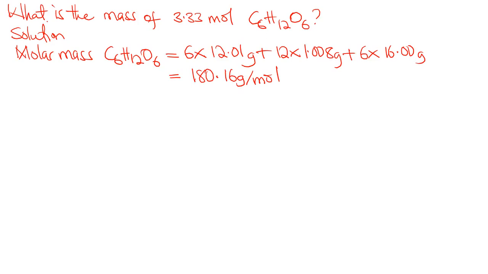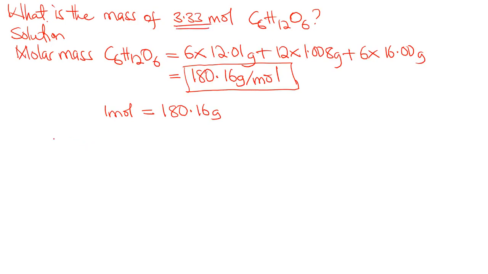As with the previous problem, this value here tells us that 1 mole is equal to 180.16 grams. So that's a conversion factor. But in this case, this is our given quantity. So we are going to have 3.33 mole times, we need to have mole down here and gram up there.